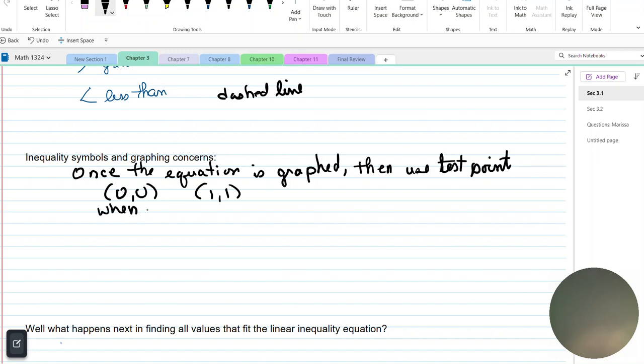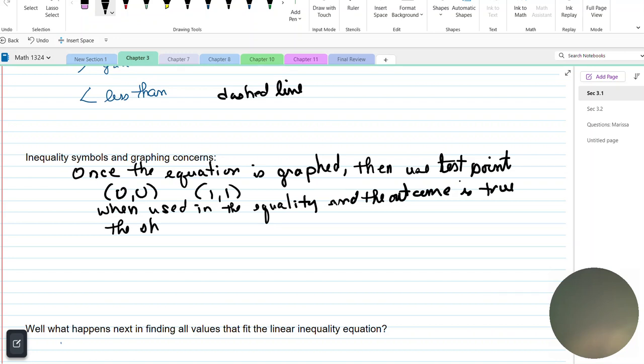When used in the inequality, and the outcome is true, then shade the area where the test point is located.